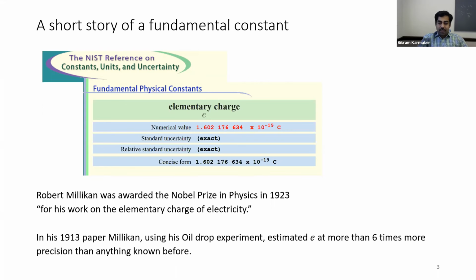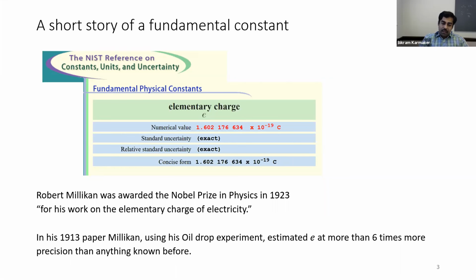So this calculation went back years. Over a century ago, in 1913, Millikan first calculated the number up to a reasonable precision. He used his own equipment, which was called the oil drop experiment, and he calculated the charge of a single electron with 6 times more precision than anything known before that.